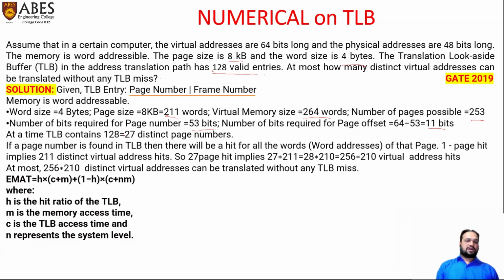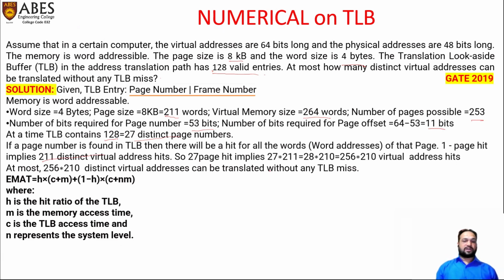So at the time, the TLB contains 128, that means 2^7 distinct page numbers. If a page number is found in the TLB, then there will be a hit for all the word addresses of that very page. So a page hit implies how many? 2^11 distinct virtual addresses hit.